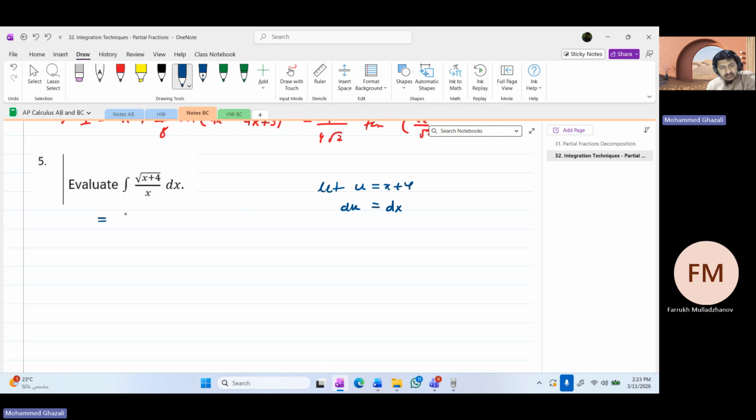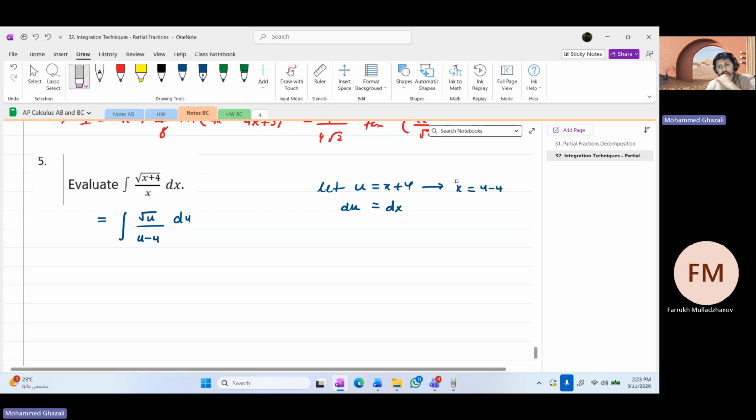Will that help us? Let's see. What is dx? Du, that's root u over what is x? We modified this. X is u minus 4.